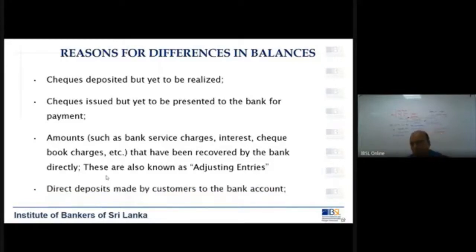Then there could be another scenario like this: direct deposits made by the customer to the bank account. Assume, in the earlier example, ABC company, and let's assume that XYZ company is one of your debtors. This debtor is in Jaffna, just for example, so he comes to Colombo once a month.